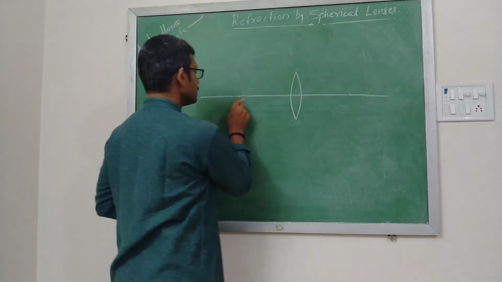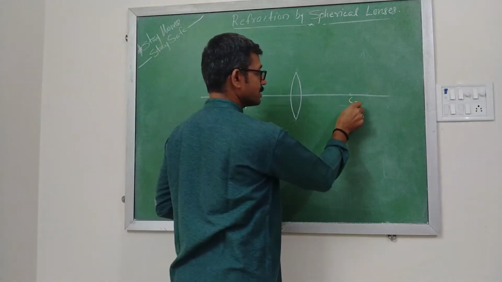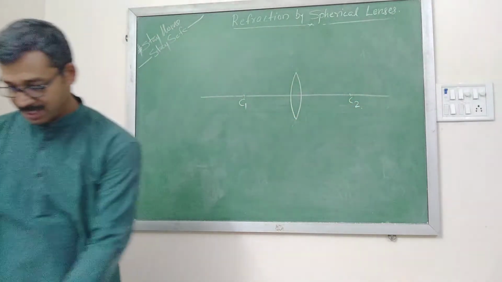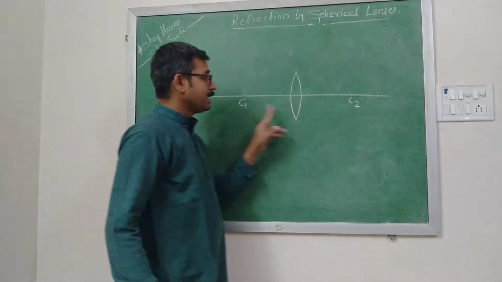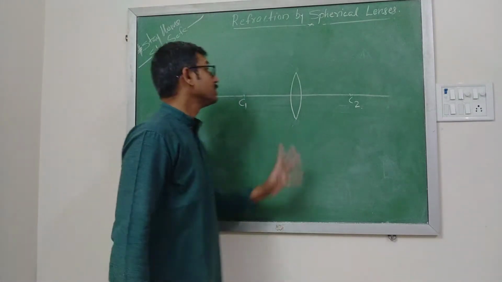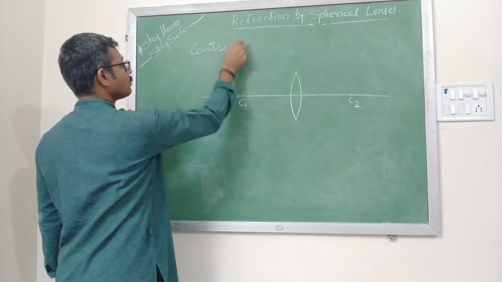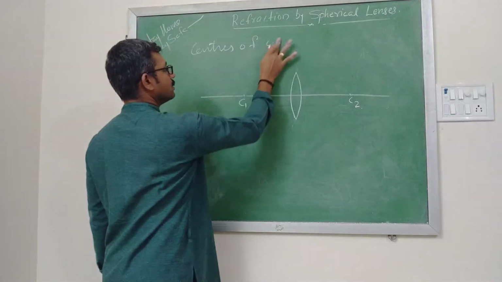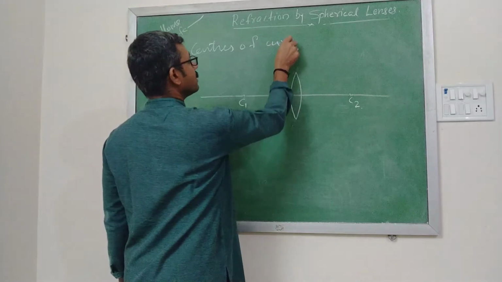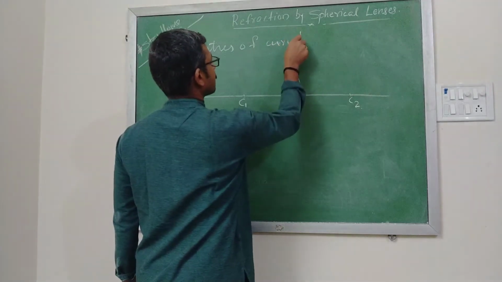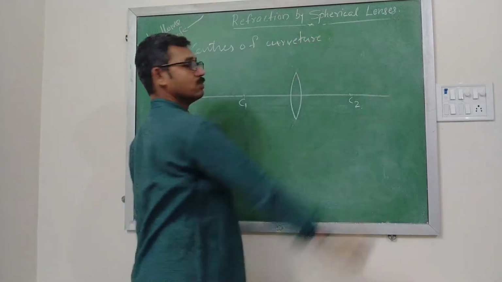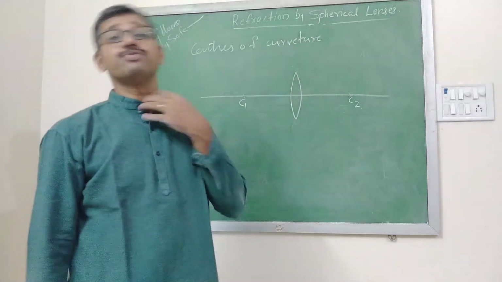So here, this is C1 and this is C2. Now there are two centers, correct? So these are called the centers of curvature.